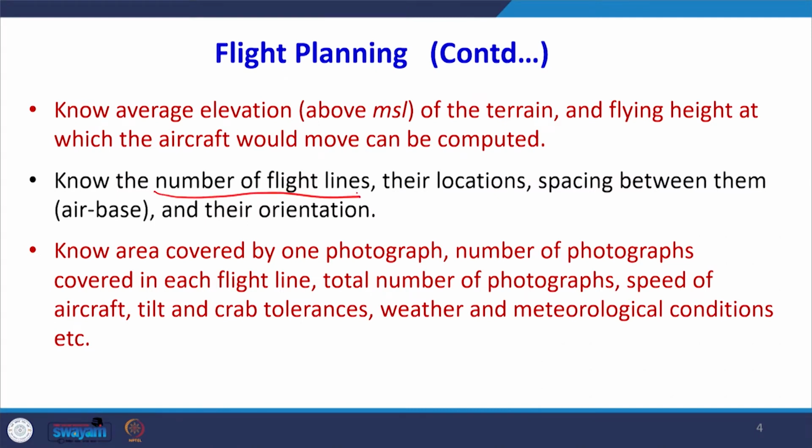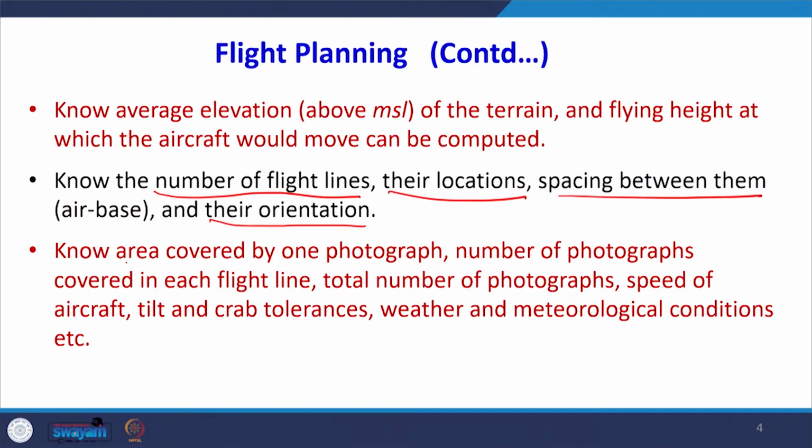Then we calculate how many flights would be required: the number of flight lines, their locations on the map, the spacing between the flight lines and their orientation, whether north-south, east-west or some other orientation. All these parameters are required to be known before actually flying and taking the images.